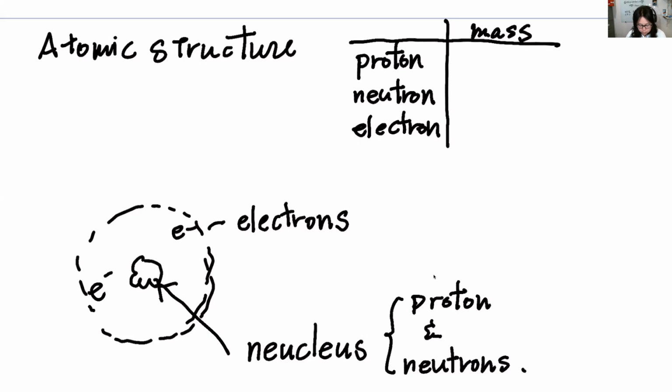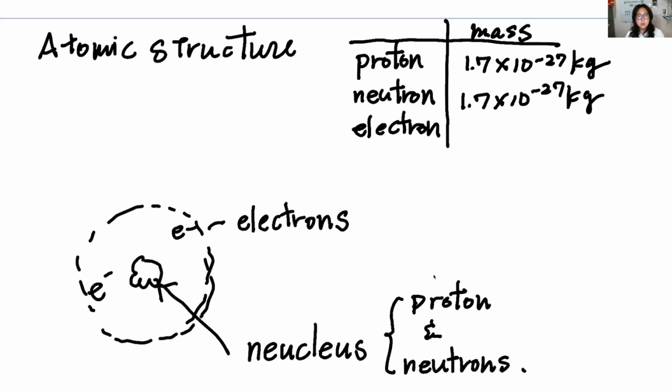Proton and neutrons are about the same mass. It's 1.7 times 10 to the minus 27 kilograms, both of them. However, electrons are a lot smaller. It's about 10 to the minus 31, about 10 to the minus 30 kilograms.